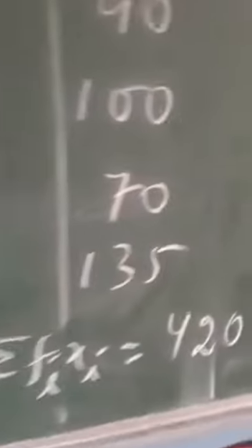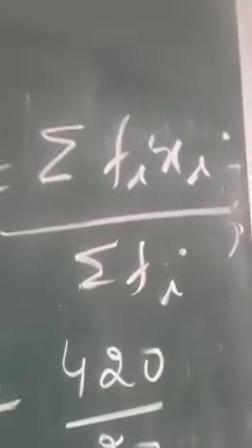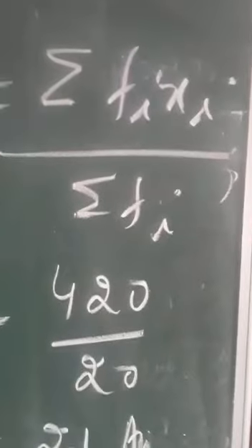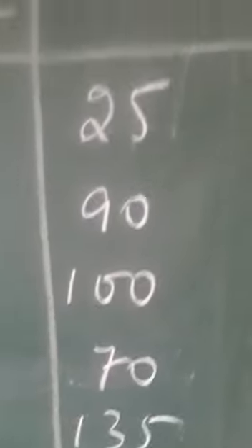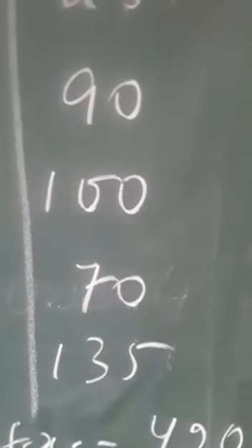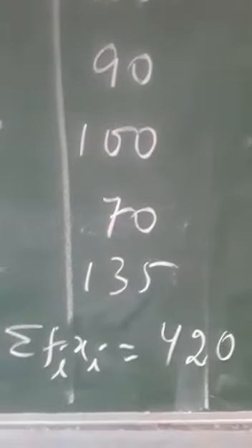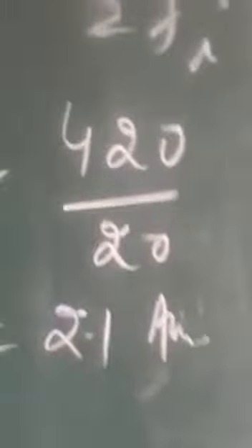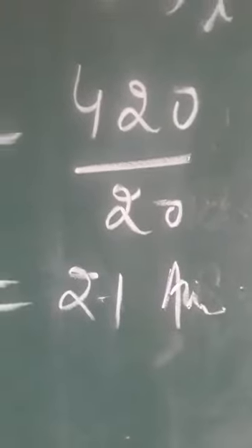Now, to find the mean, we will use the formula: mean, x bar, is equal to the sum of fi xi divided by the sum of fi. The sum of fi xi, obtained by adding 25, 90, 100, 70 and 135, is 420. Now, this 420 when divided by 20 gives us the value 21.